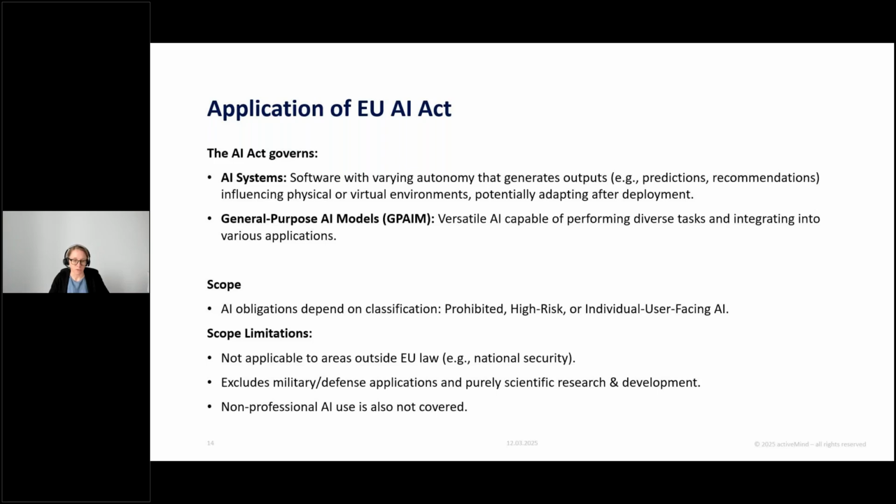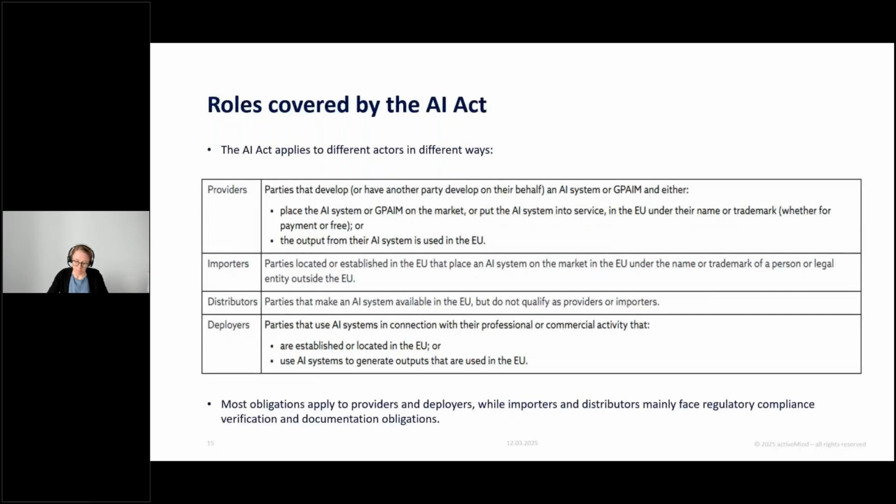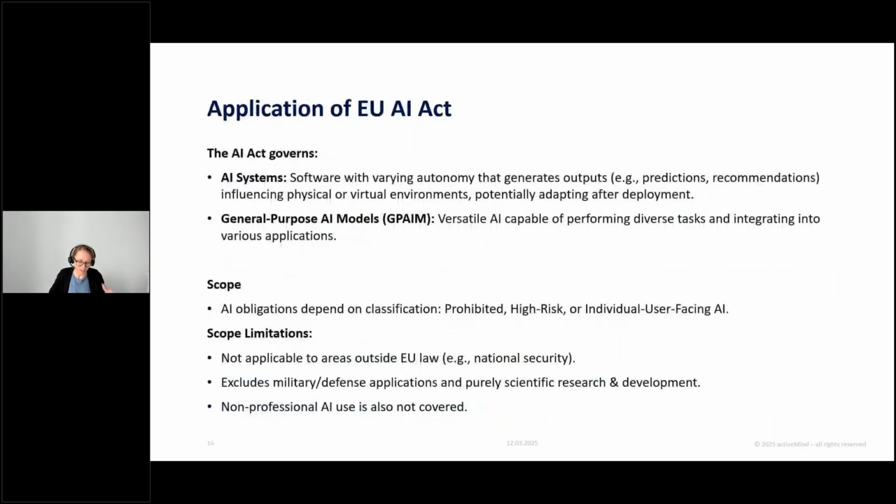What is important for you in the UK is that the AI Act has an extraterritorial scope, which we see on the next slide. It has an extraterritorial scope, but I will explain that a bit before.